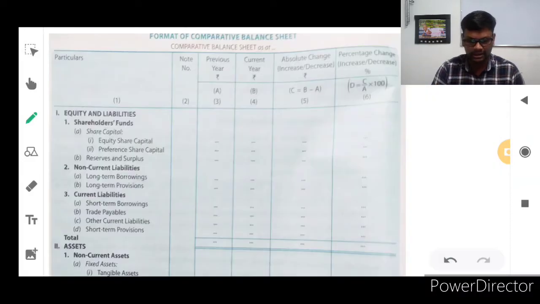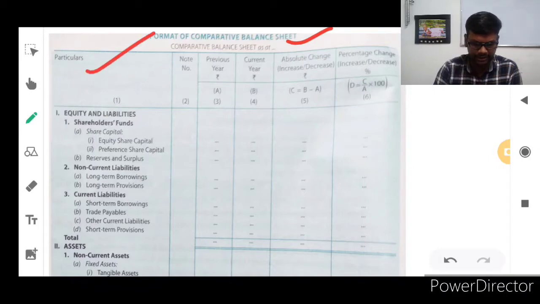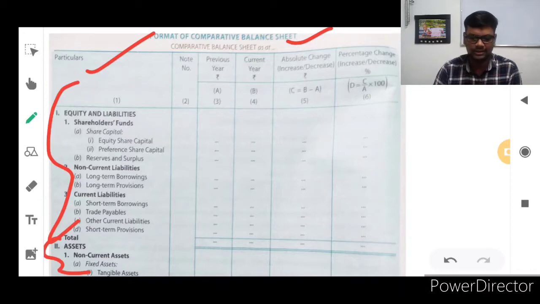Come, let's discuss the format of the comparative statement. This is the format of the comparative statement of the balance sheet, not for the income statement, it is a comparative balance sheet format. In the particulars we write all the items. These all are liabilities and these are assets.